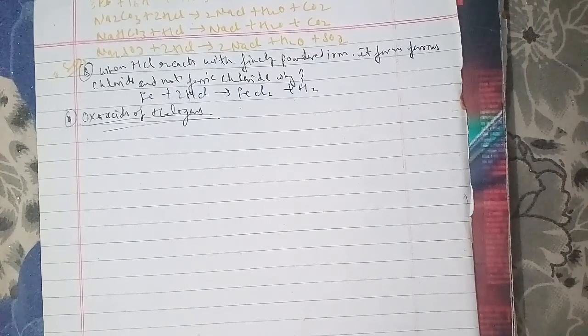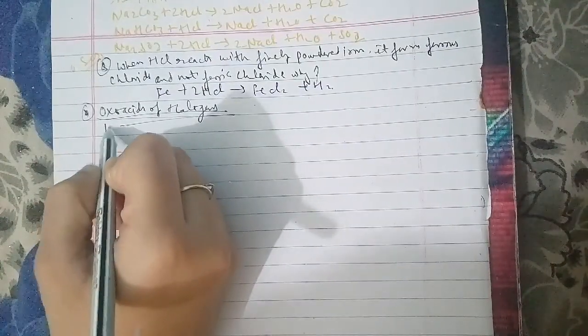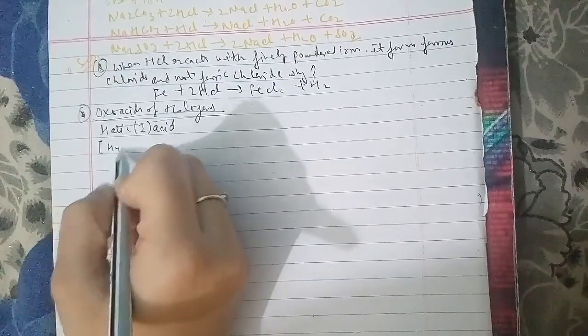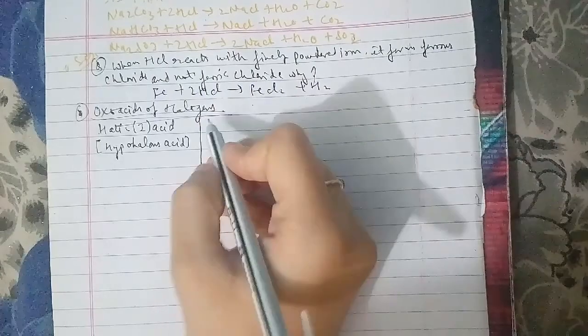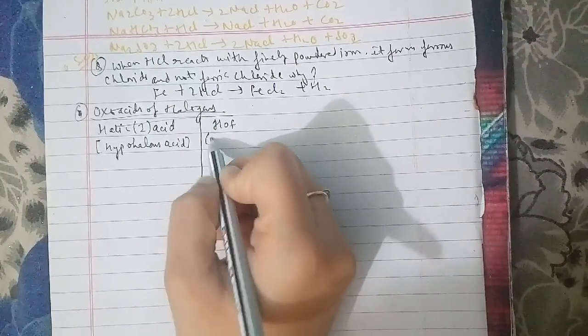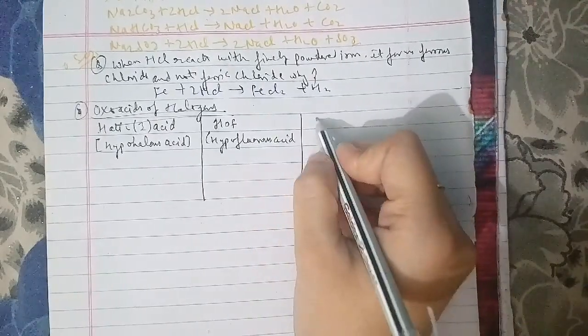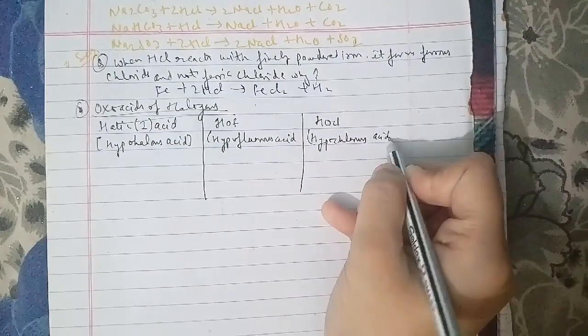First we have the hypohalous acids: HOF, hypofluorous acid; HOCl, hypochlorous acid; HOBr, hypobromous acid; and HOI, hypoiodous acid. Second is halous acid, the halogen in the plus 3 state.